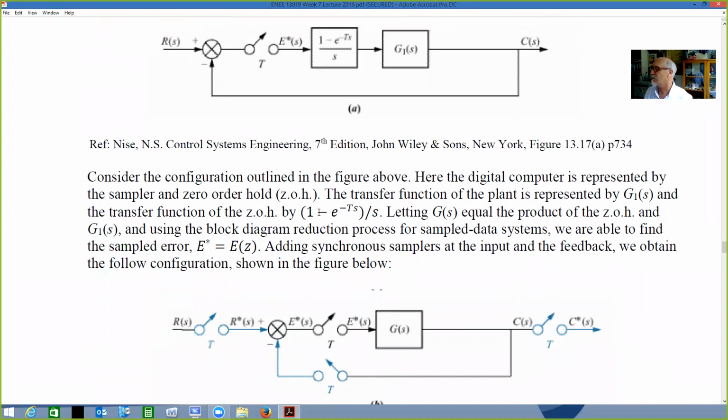In that case, that's 1 minus e to the negative Ts divided by s.